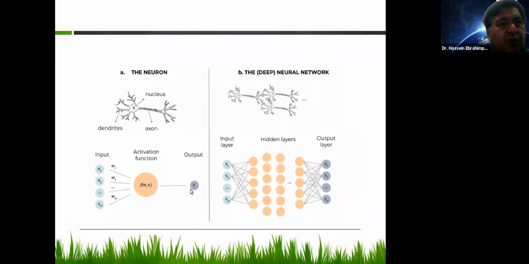Also, we have one output for the neuron, which is the axon of this neuron. So you put it here as y and say, okay, the output of this neuron is y, but there is more to it than this. What will happen when the inputs come and gather here in the middle, at the nucleus?